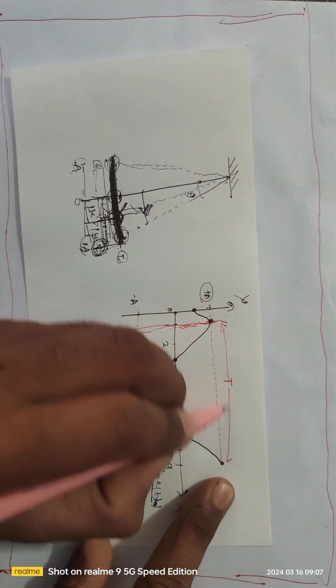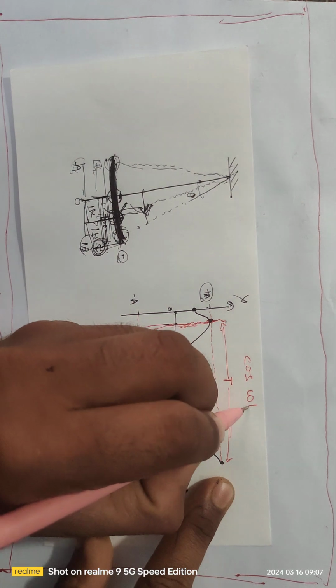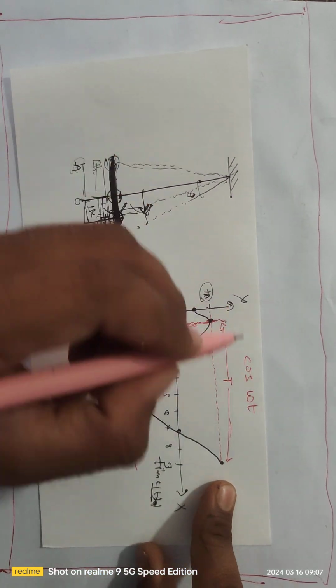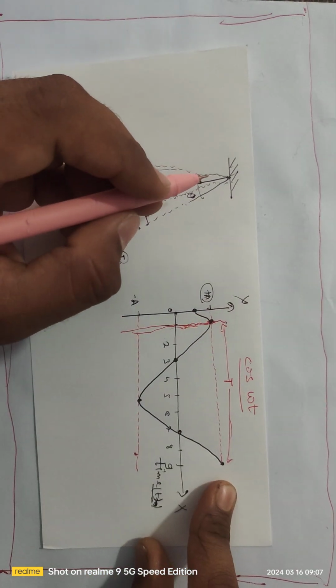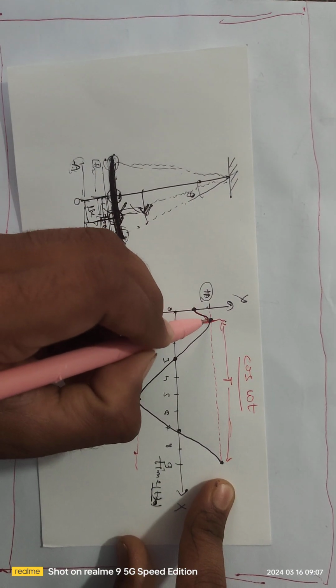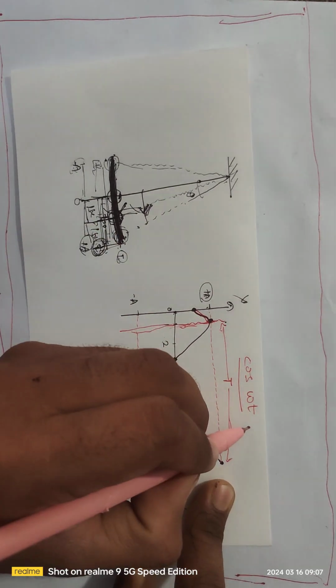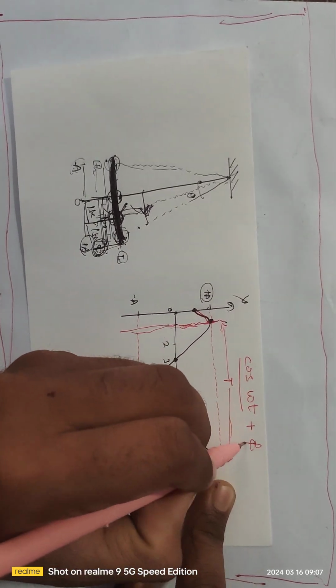So for one period of time we can say it is cos omega t, but we have an additional portion here, so we can call it phi.